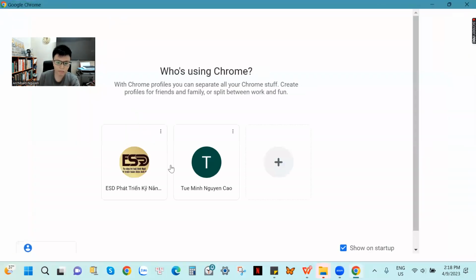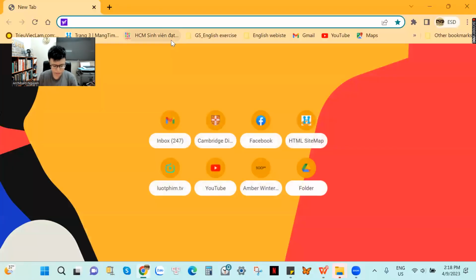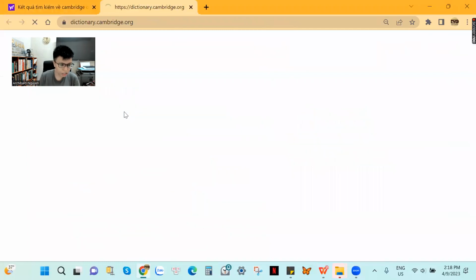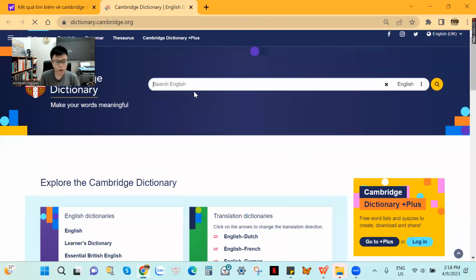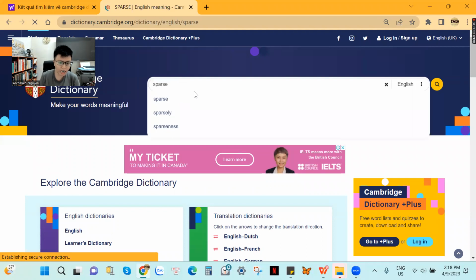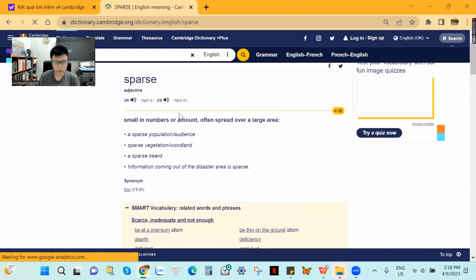Guys, whenever you study, please use this dictionary to double check your English accuracy, because we are second language English learners. We are not native English speakers, so we need to double check our English fluency. Here, they are using the word sparse. Let's check it out all together.